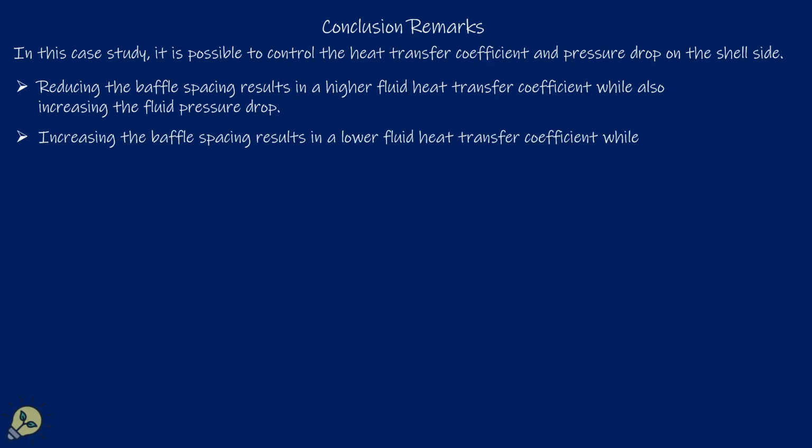On the contrary, if we increase the baffle spacing, in effect we are reducing the velocity on the shell side, reducing Reynolds number, and as a final result, lower heat transfer coefficient will be obtained and reduced fluid pressure drop.